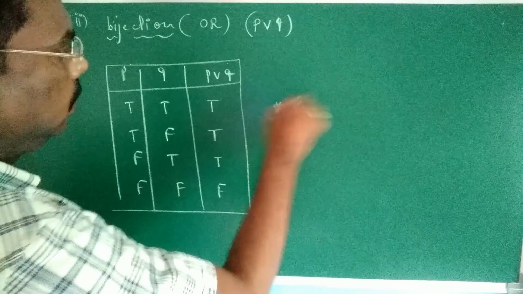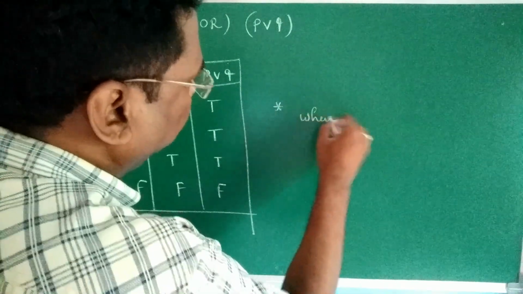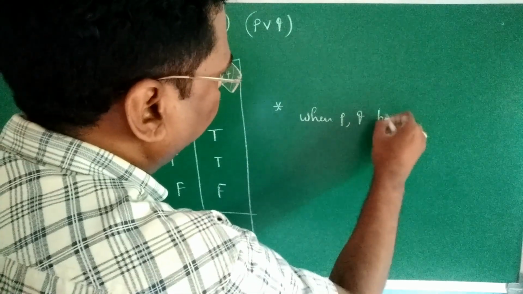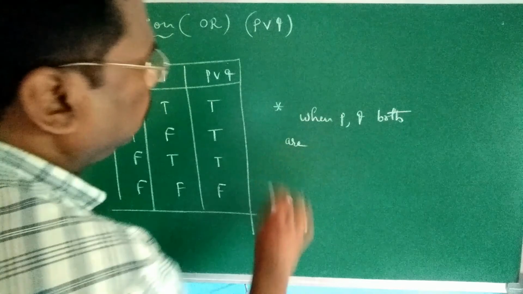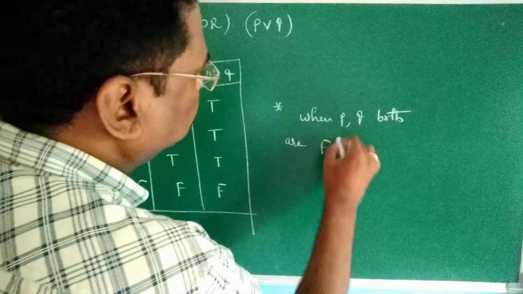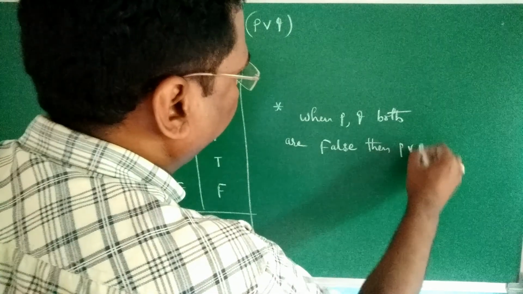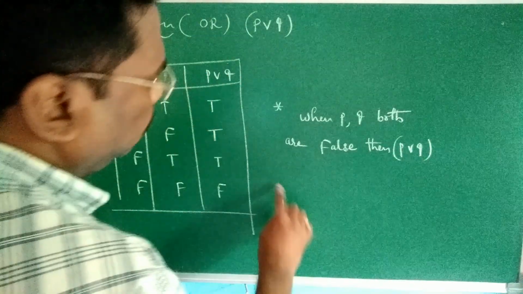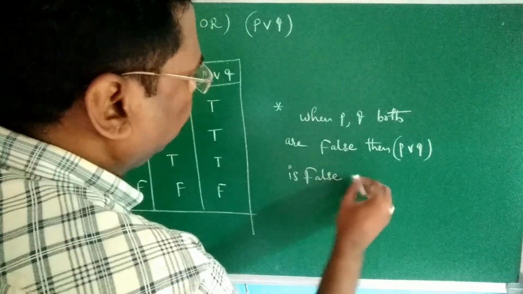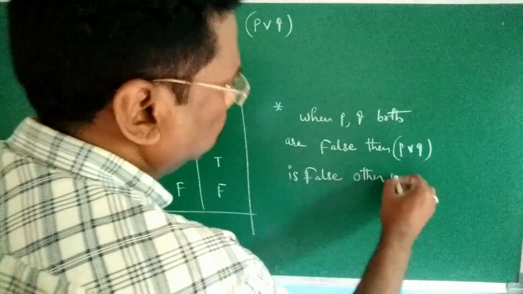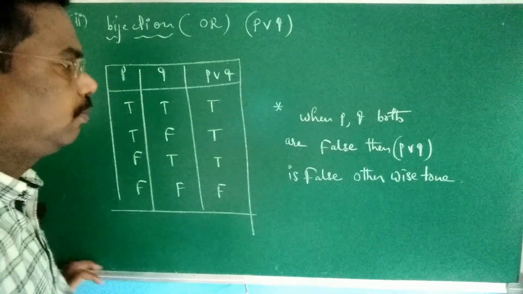Key point: when P and Q both are false, then P or Q is false. Otherwise, true.